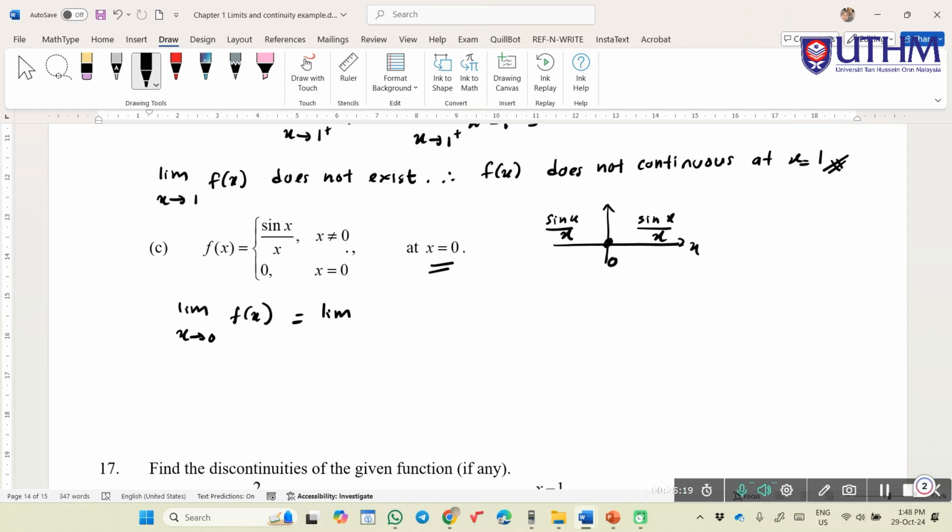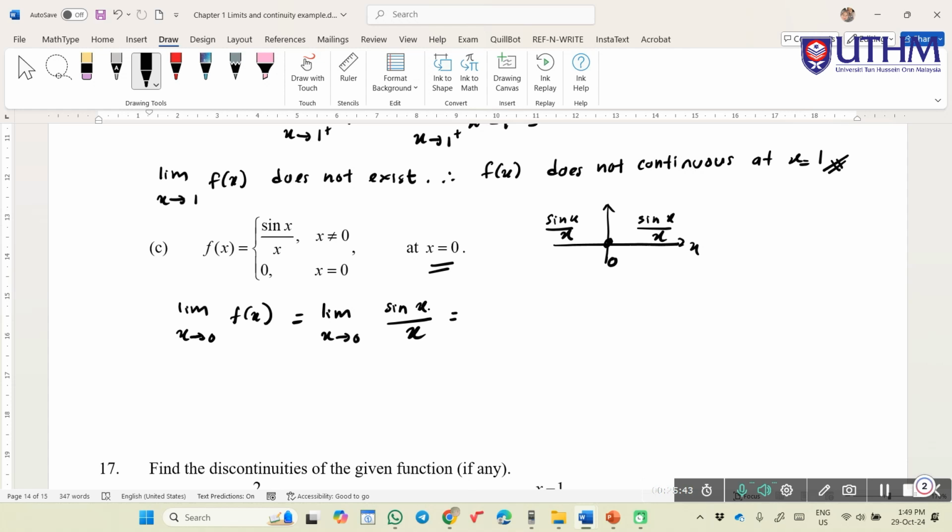So the limit as x approaches 0 of f(x): now we use the function sin x over x. If we substitute, of course we get 0 over 0. However, go back to the limit at a point for the trigonometric function.